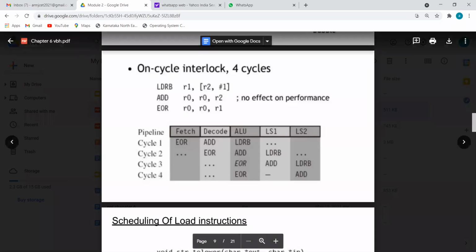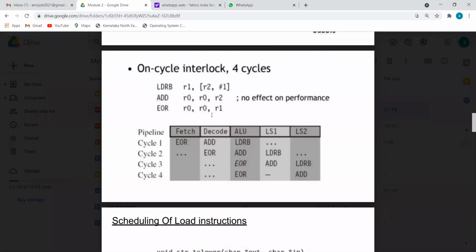Second instruction, who is the second instruction? Add. So what are the two things to add here? R0 and R2, the R0 value and the R2 value. Now, very important thing, listen carefully. To perform the next XOR, R0, which is the result of the previous add, is one of the operands.